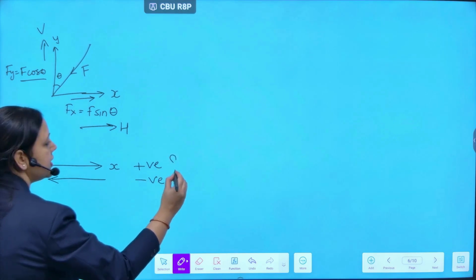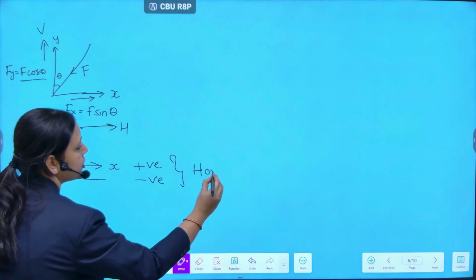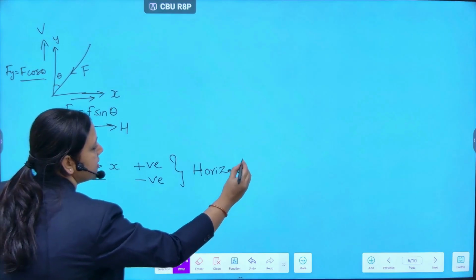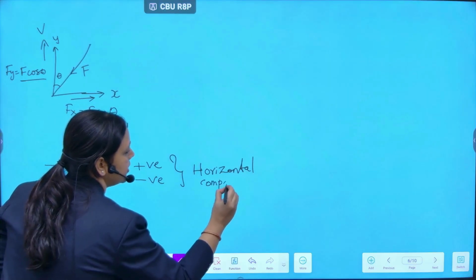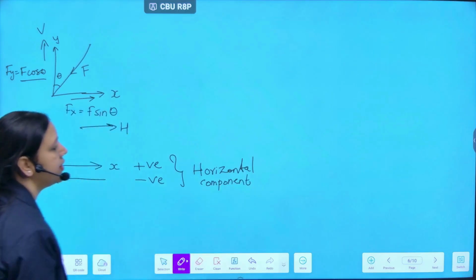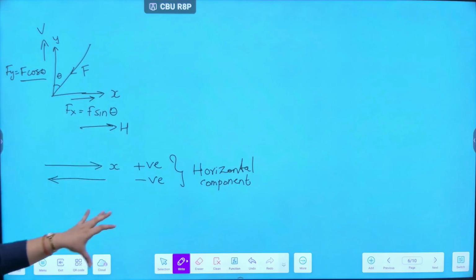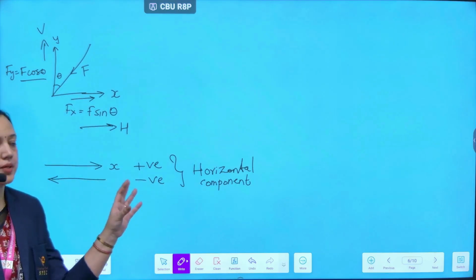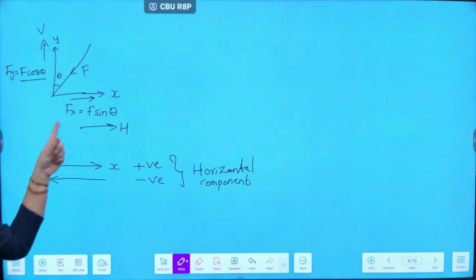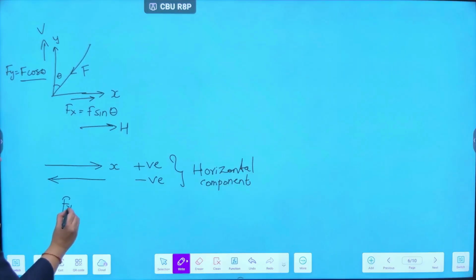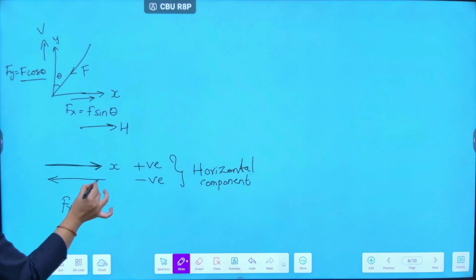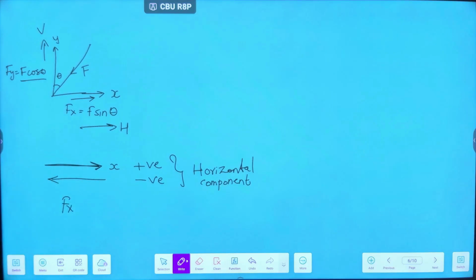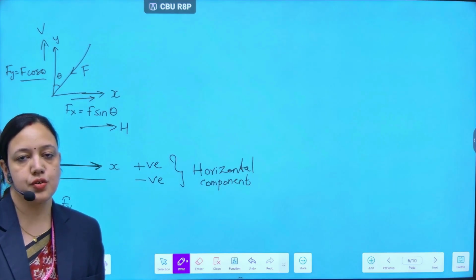This sign convention is for the horizontal component. So whatever Fx value we get after calculation, we need to see whether Fx is positive or negative. It is positive when it is moving outwards. It is negative when it is moving inwards. This is very important for us to understand.